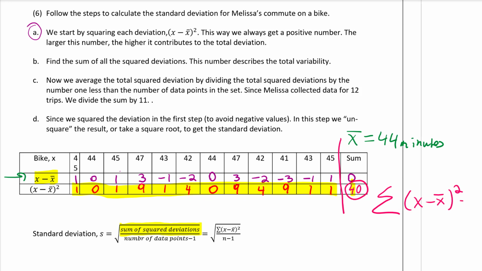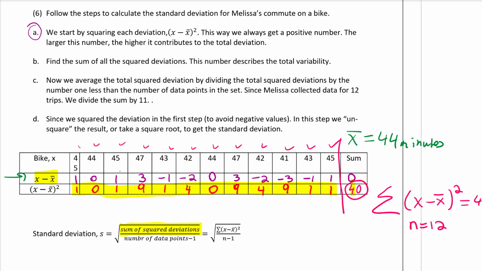Then you're going to take that number, 40, and average it out over the course of all the numbers in the data set. How many numbers do we have? 1, 2, 3, 4, 5, 6, 7, 8, 9, 10, 11, 12. So n is 12, but you're not going to divide by 12.